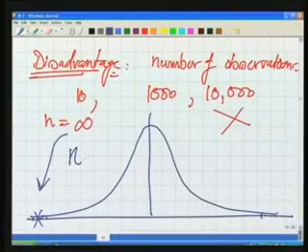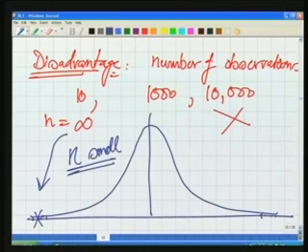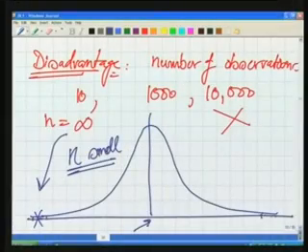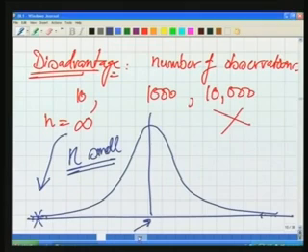Now, if n is very, very small, what happens? If n is small, as we know in our normal distribution curve, and the way our random errors behave, the probability of occurrence of values which are nearer to the mean is higher than those values which are on these sides.